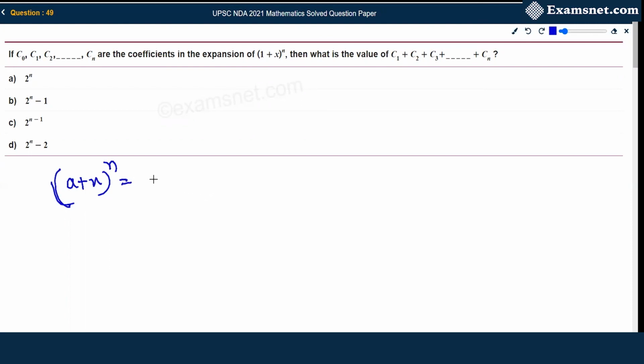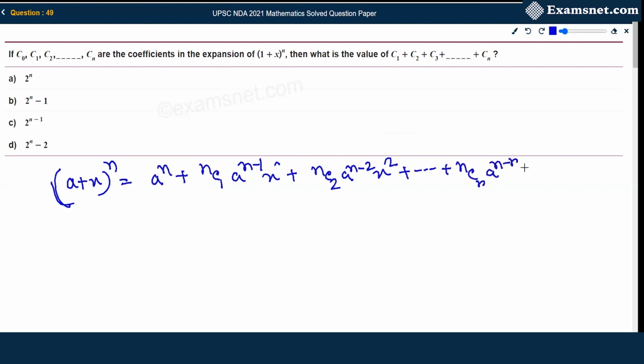That is a to the power n plus nC1 a to the power n minus 1 x plus nC2 a to the power n minus 2 x square plus, the general term is nCr a to the power n minus r x to the power r, plus the last term nCn a to the power 0 x to the power n.